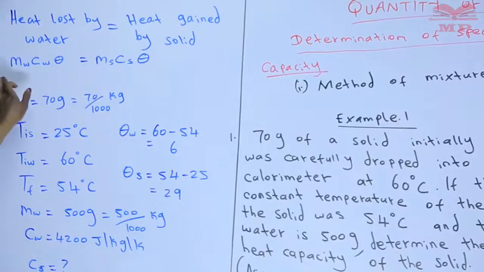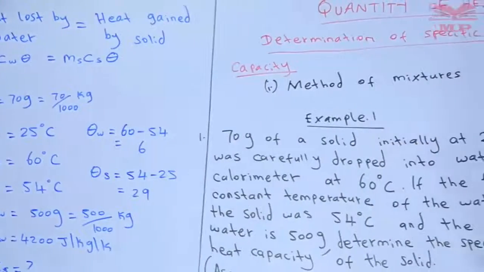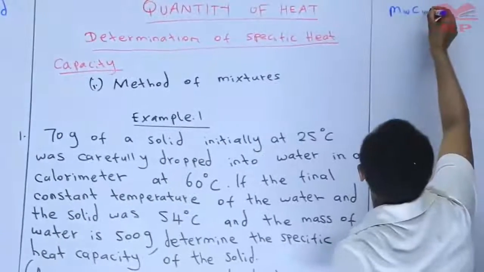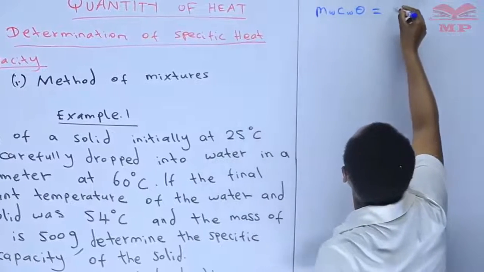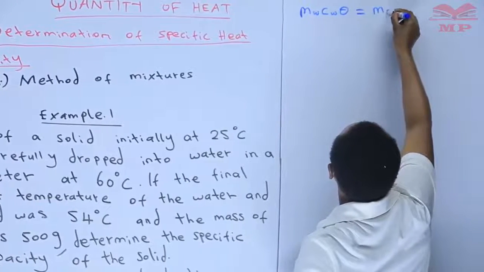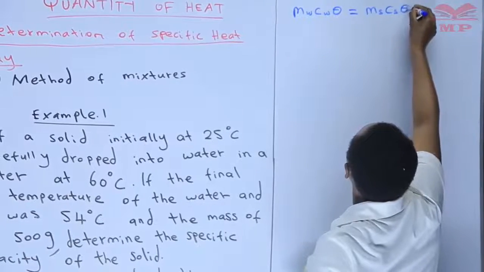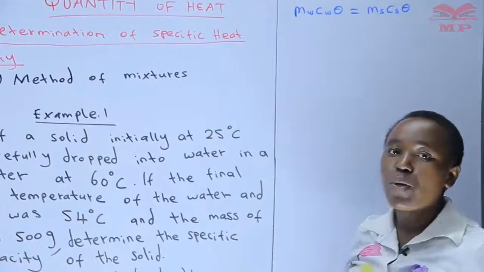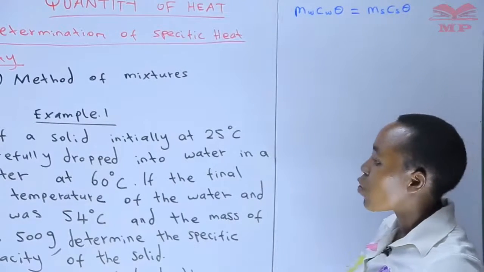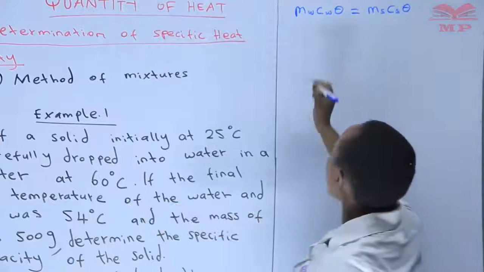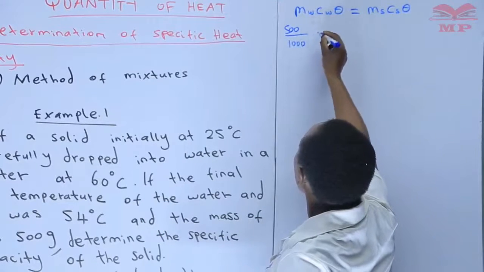So we now want to apply this formula. Mass of water times specific heat capacity of water times change in temperature is equal to mass of the solid times the specific heat capacity of the solid times the change in temperature. So we substitute what we have been given. What is the mass of water? From there we have 500 over 1,000.